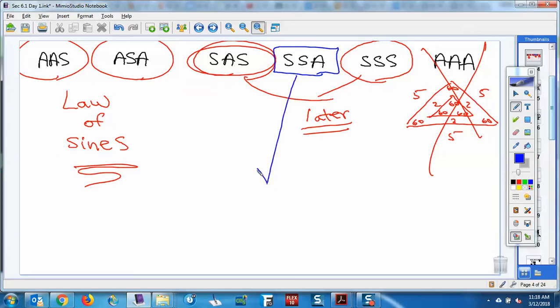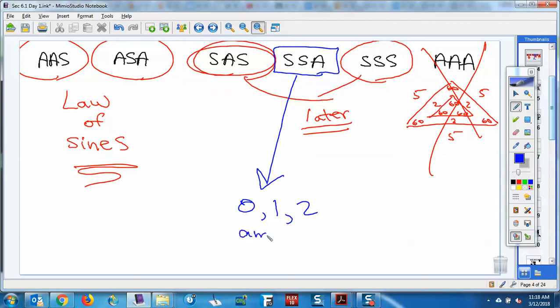However, with side angle, so if you're given two sides and a non-included angle, then there's either no triangles that have those measurements, there's one triangle that has those measurements, or there's two triangles that have those measurements. It's one of those three scenarios.